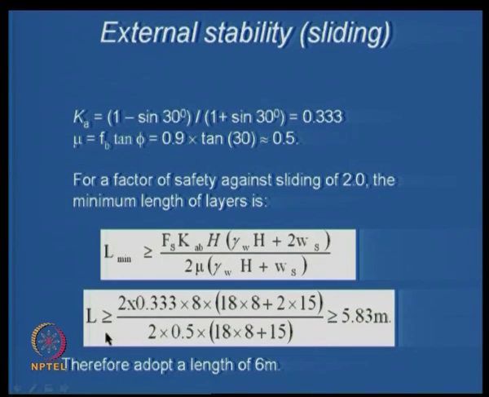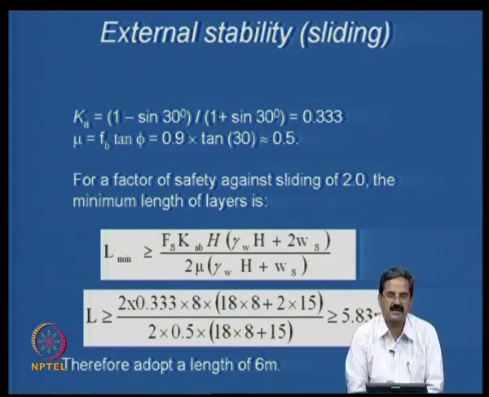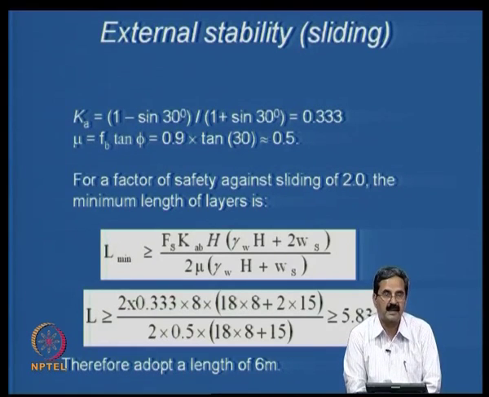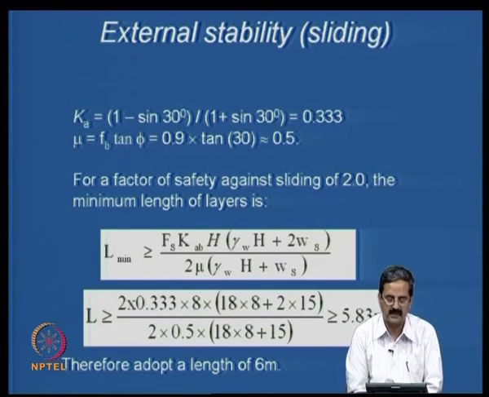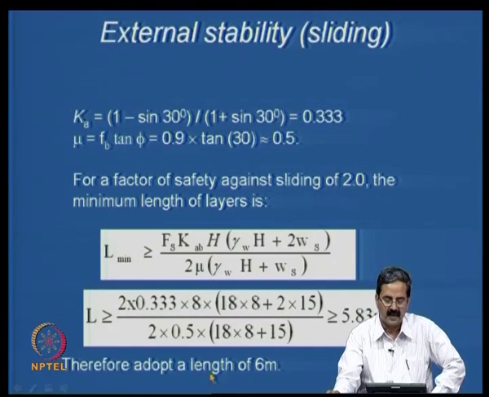You substitute back in the equation, and the minimum length required is about 5.83 meters. So, you can take 6 meters. The height of the wall is 8 meters, and 6 by 8 is 75%. So, 0.75 H is the length of the reinforcement. Okay. Actually, this is very important, so sliding stability is taken care of.